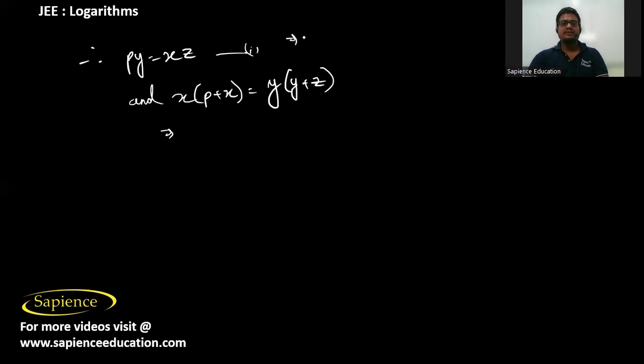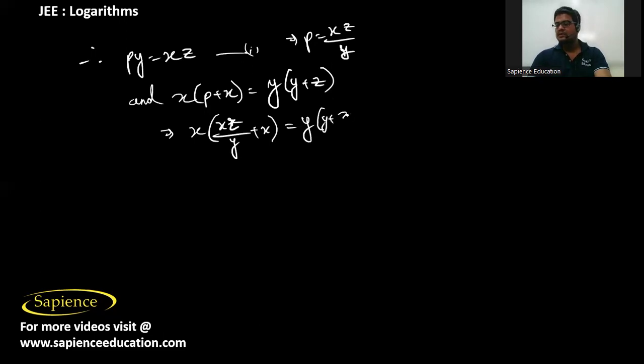So p we can say will be equal to xz by y. So this we can write x into xz by y plus x equals y into y plus z. So therefore it means what? It is x square z plus x square y, that is equal to y square into y plus z.